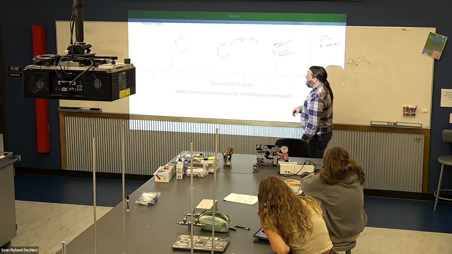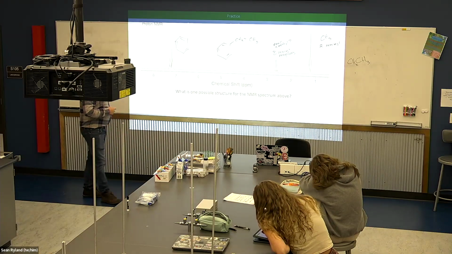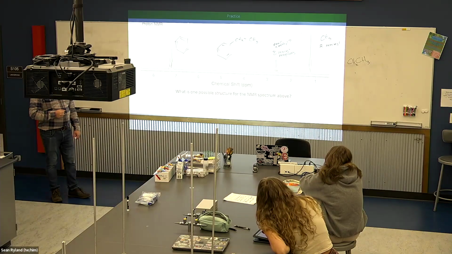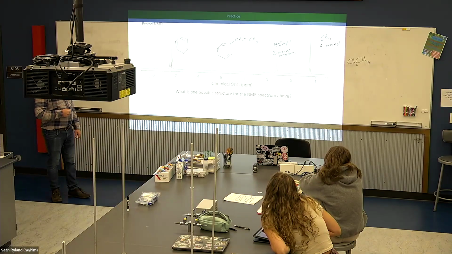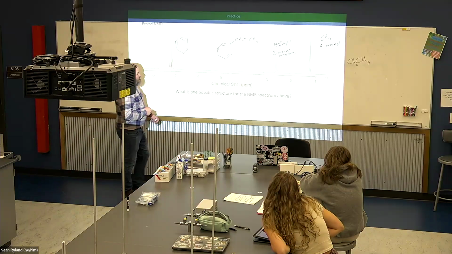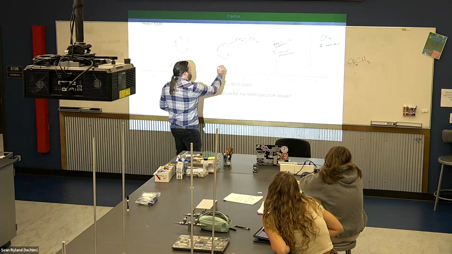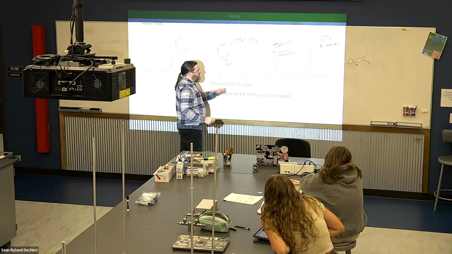Now, if we took IR of the same molecule, and it showed that there was an OH group. Well, that would be weird, but without more information, it might technically be possible. We could have this.